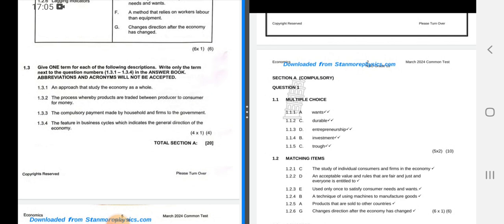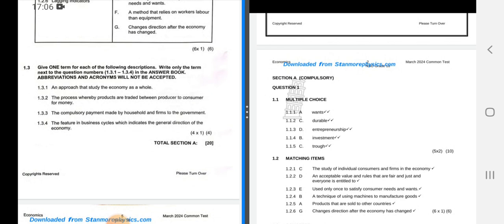1.3.1 says an approach that studies the economy as a whole. What is that study called? And then 1.3.2 says the process whereby products are traded between producer to consumer for money.